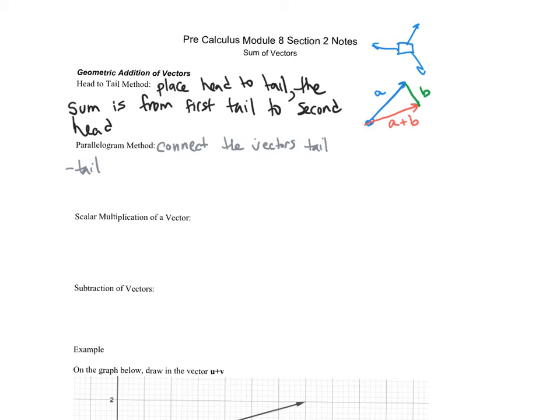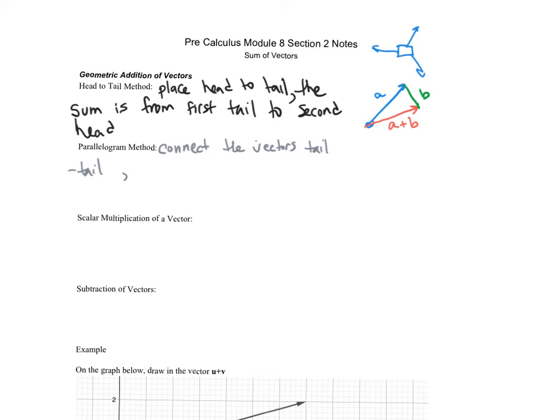So if you have two vectors that both start at the origin, they're already tail to tail. So then we can make a parallelogram, forming a parallelogram with these two vectors as sides. We'll have the sum as a diagonal.